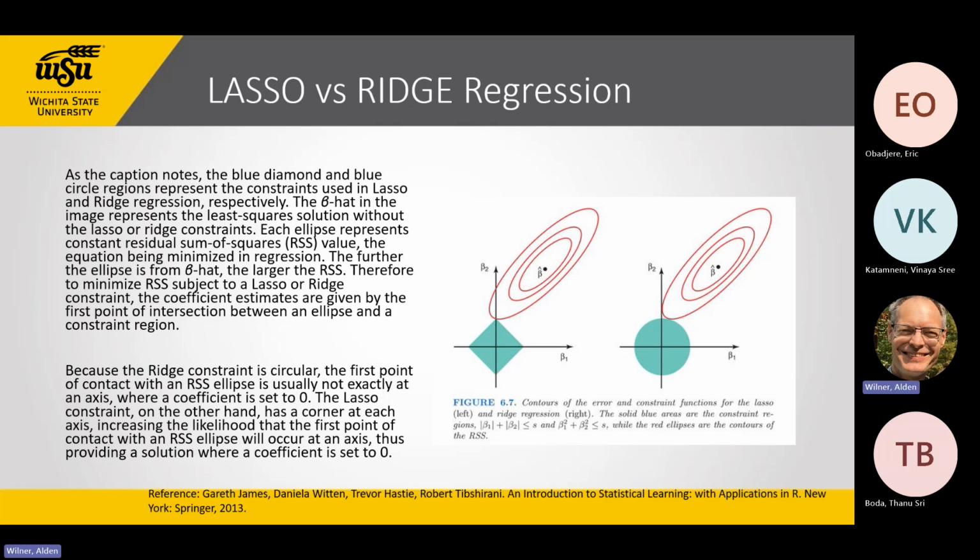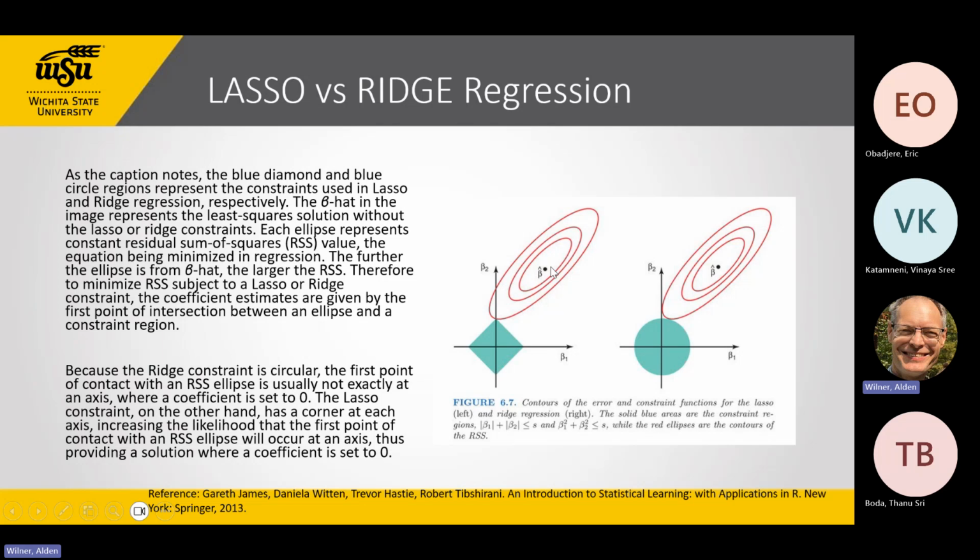Comparing our constraint areas, lasso and ridge. Again, we have the same contours around our OLS regression, right? We introduce variability in there.